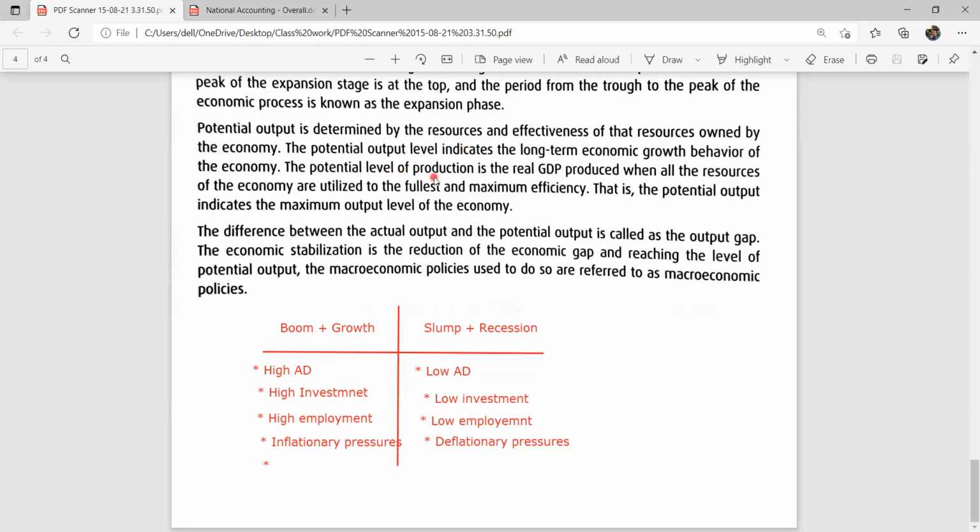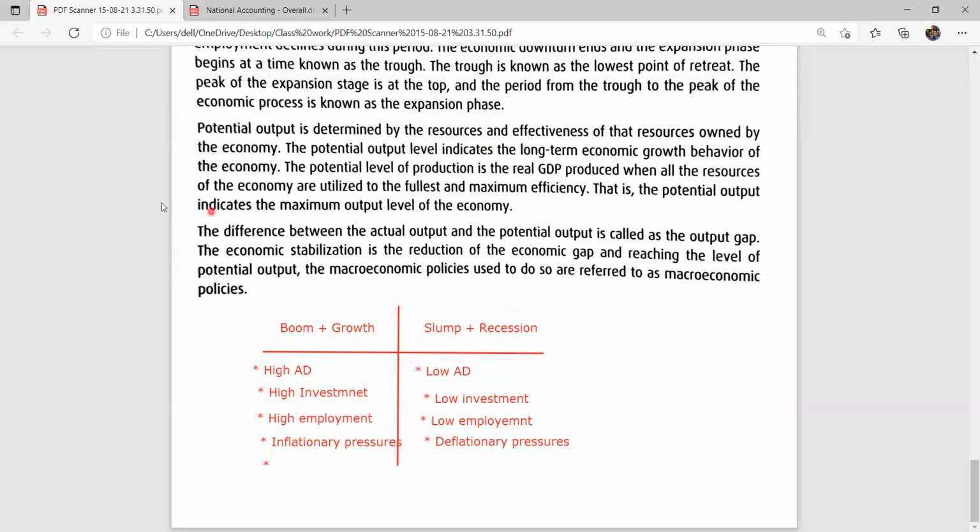The potential level of production is the real GDP produced when all the resources of the economy are utilized to the fullest and maximum efficiency. That is, potential output indicates the maximum output level of the economy. The difference between actual output and potential output is called the output gap.